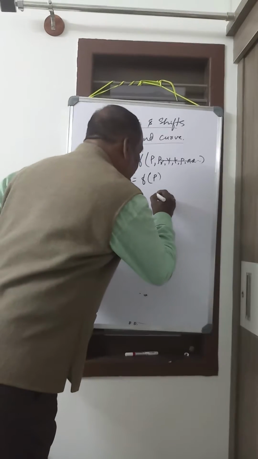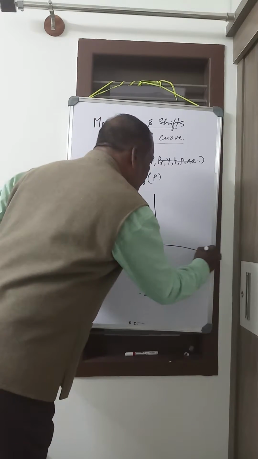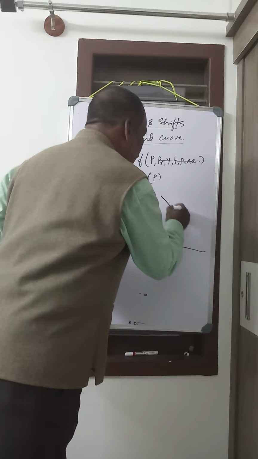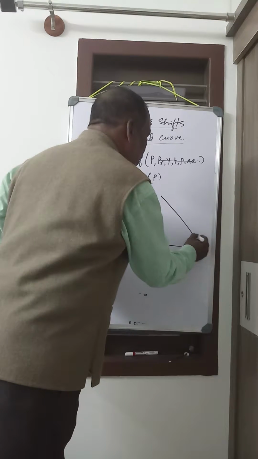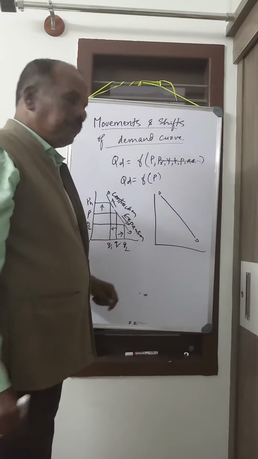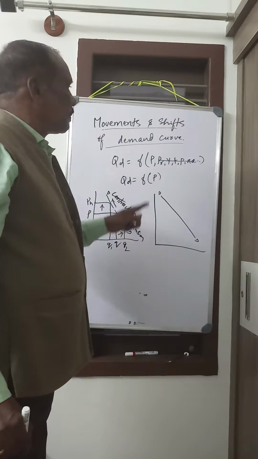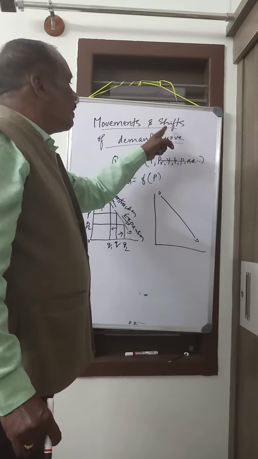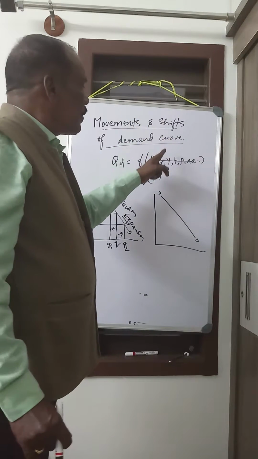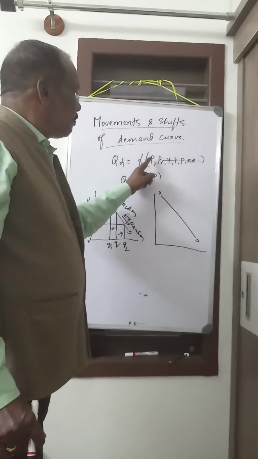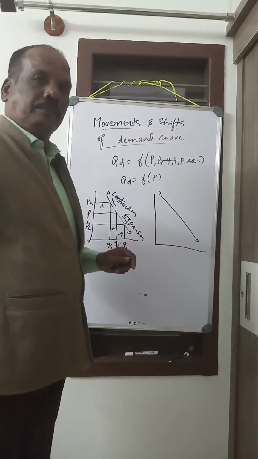Coming to this, here DD is the demand curve. Please keep it in mind that the shift is due to the changes in other factors, keeping price as passive.